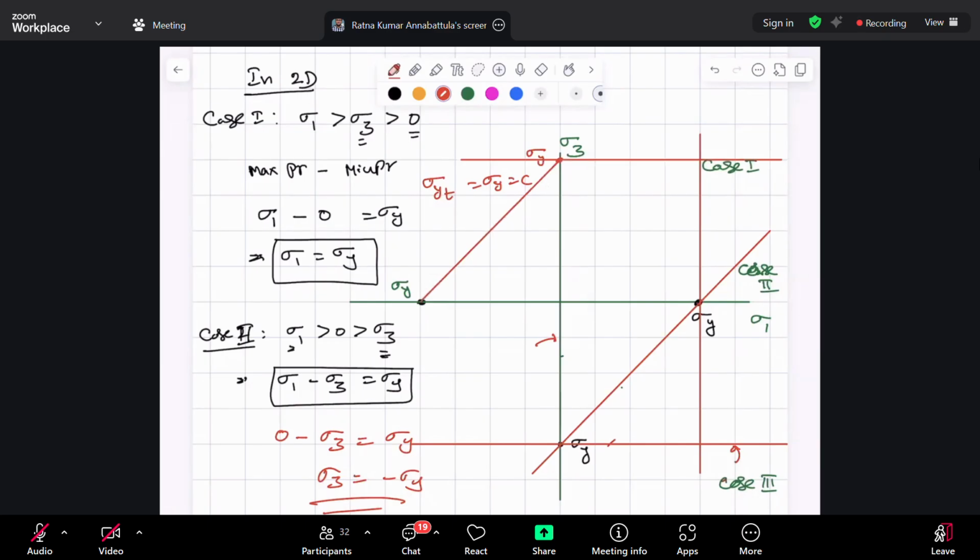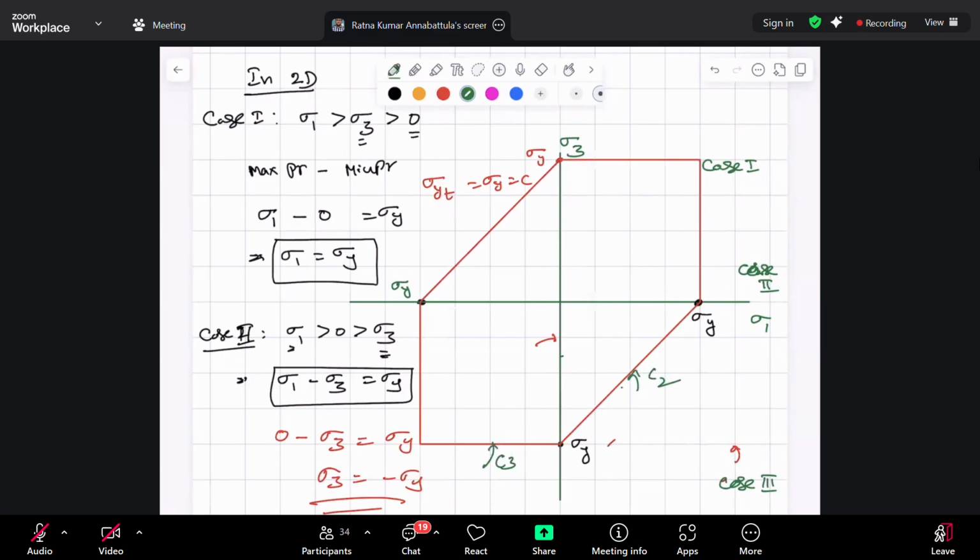That is another line. This is another. So now your surface will be this: case 3, case 2, case 1.